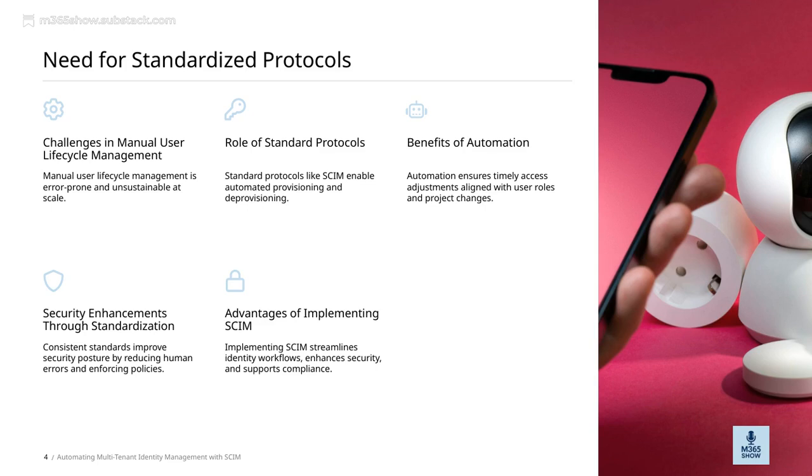Standard protocols like SCIM enable automated provisioning, creating accounts, and deprovisioning, removing access without manual intervention. This automation is vital because manual user lifecycle management becomes error-prone and simply unsustainable as your organization scales.